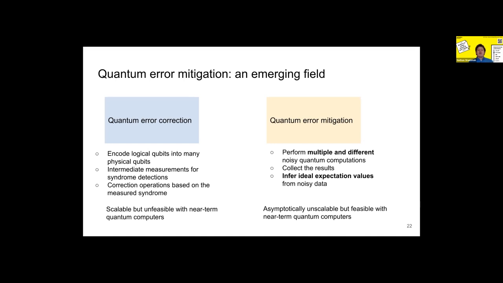So these approaches have generally been shown to be asymptotically unscalable, but at least they're feasible with near-term quantum computers. So right now, as I will show you, you're able to improve the accuracy of a quantum computation that one can run on nowadays quantum computers with quantum error mitigation.